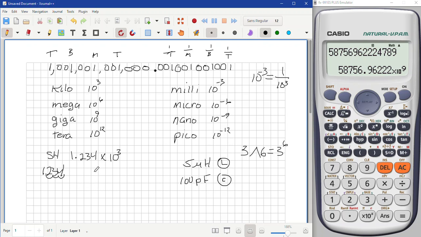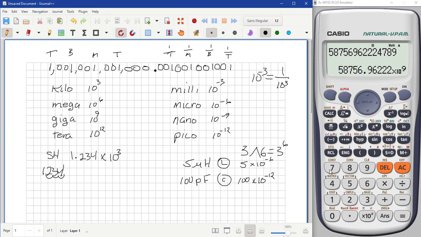And there is a formula for determining the resonant frequency for these two values. That could be handy, especially in amateur radio. So to write 5 microhenries, that's going to be 5 times 10 to the minus 6, since this is micro. And this is going to be 100 times 10 raised to the minus 12.